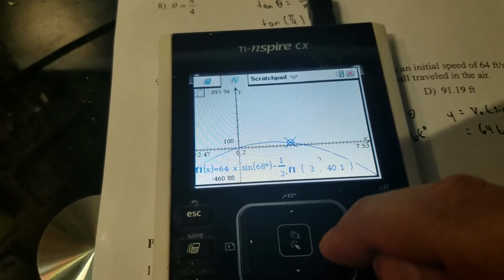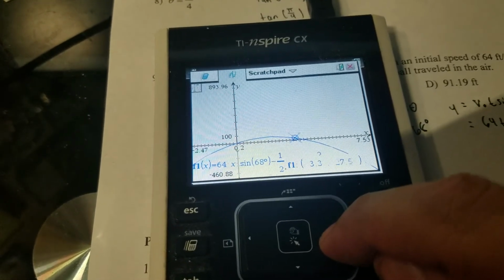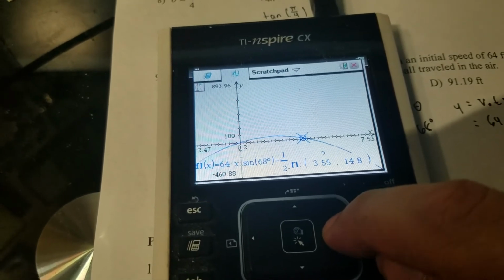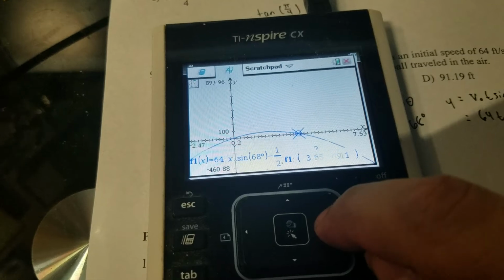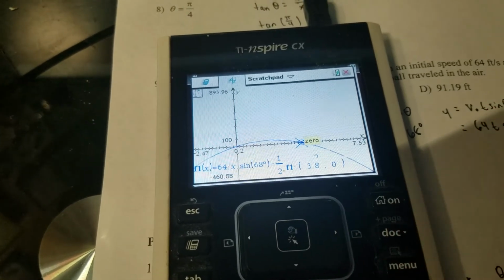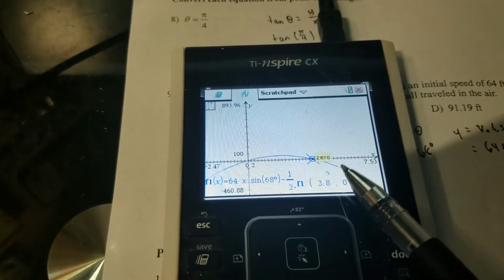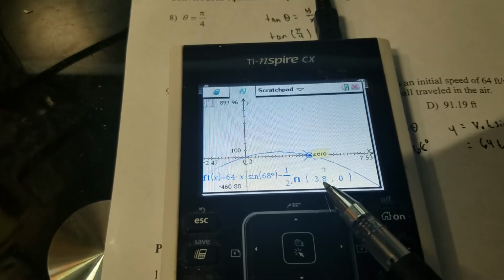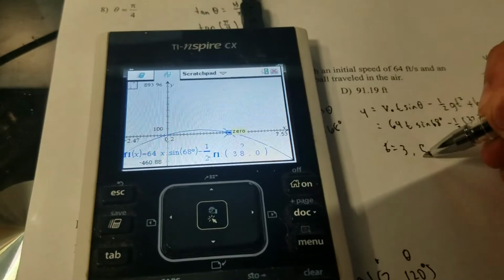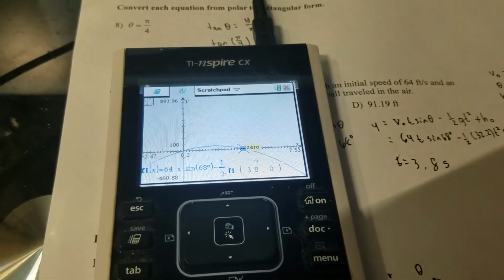This might take a little while, but it's okay. It's getting lower, lower. You can see the y decreasing, and right there it says 0. So this x value is time, so my t is equal to 3.8 seconds. That's how long it takes to reach that.